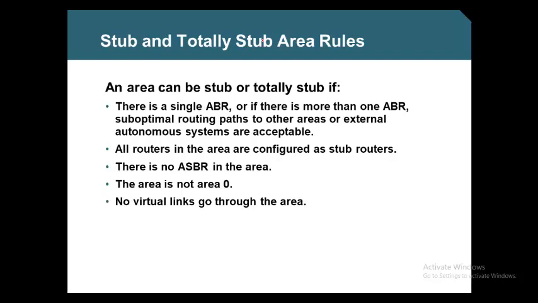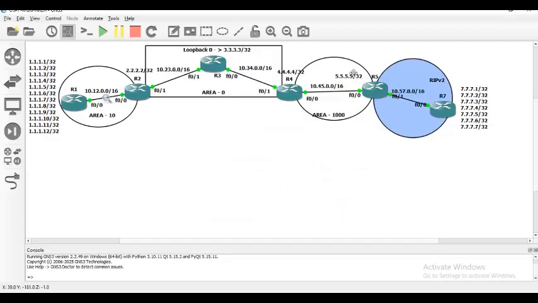Recording. So this area 0 should not be a stub area. Not only that, if you are planning to configure stub or totally stub, that area should not have an ASBR. What does that mean? Area 1000 cannot be configured as a stub. You should not configure stub or totally stub. Understand well, these conditions are only for these two types.